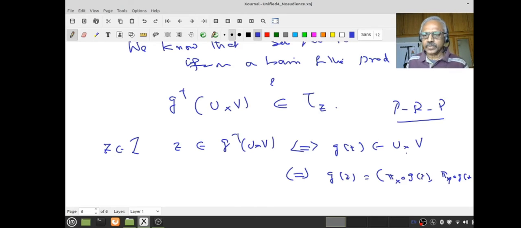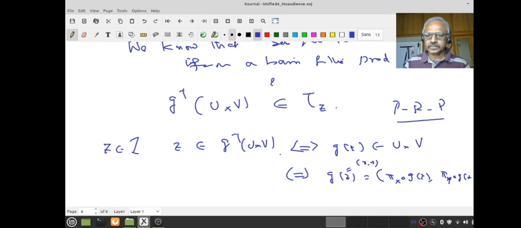Because the first component I have to get has to be an element of U, right? If I write this as some element x cross y, how do I get this x? This x must be in U, so it should be an element of X. How do I get this? Project G of z onto the first factor. So that's what I'm writing. Do all of you understand?